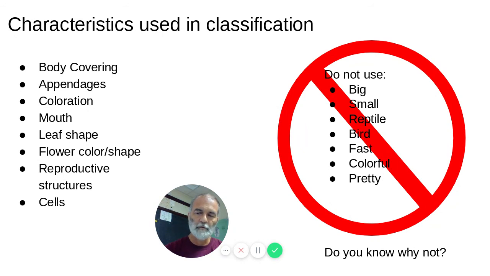So if you use a word that makes somebody kind of qualify what you're looking at, like big and small, fast and slow, colorful, pretty, just don't use those when you're making taxonomic keys, because people will get confused and they will not find what they're looking for. You also can't use names like reptile or bird or human. You need to use characteristics that those organisms have.